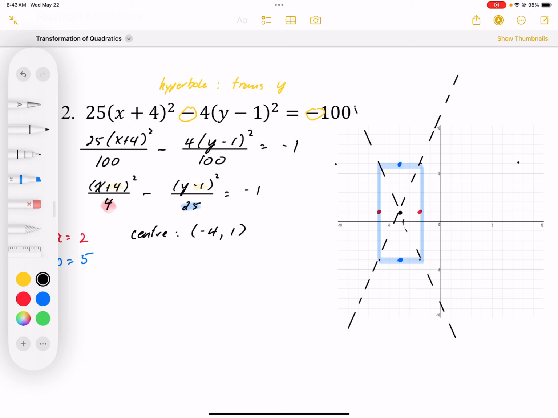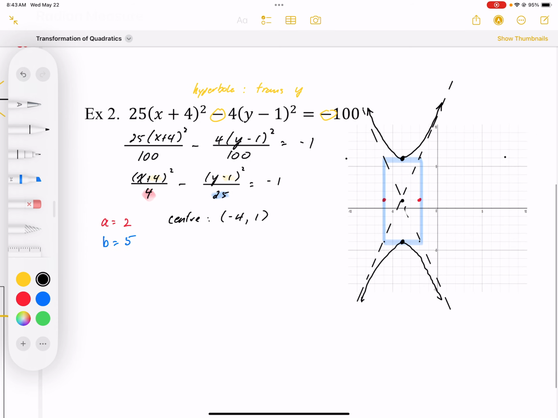We know that this is trans y, so we're going to use the y-axis vertices to draw the graph. So sketching in the graph, I use a vertex. I follow the asymptotes. It's the same here. Start with the vertex and follow the asymptotes.